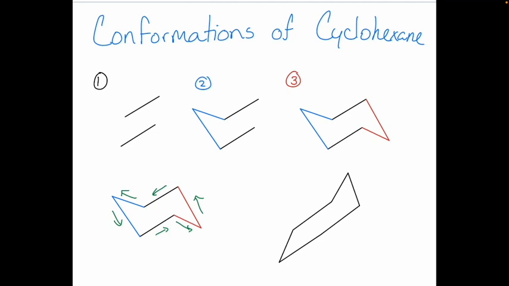I can tell this is wrong because it goes up, up, up, down, down, down. We need that zigzag to our chair structure, just like we see if we take our cyclohexane model and hold it to the side here. So this one's bad. This is what we want.